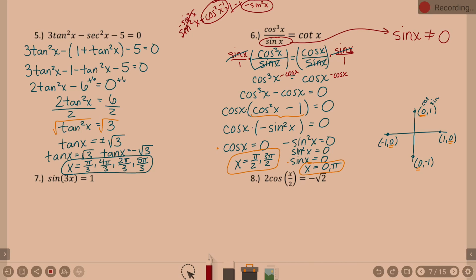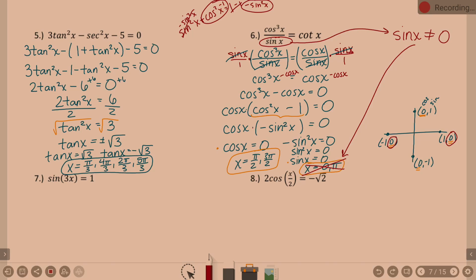Right? Now, if we go back and say, okay, when does sine equal 0? Well, we technically just answered that question, didn't we? When does sine equal 0? 0 and pi. So because of that, what cannot be true? 0 and pi cannot work because plugging back into the original problem, they would not work.